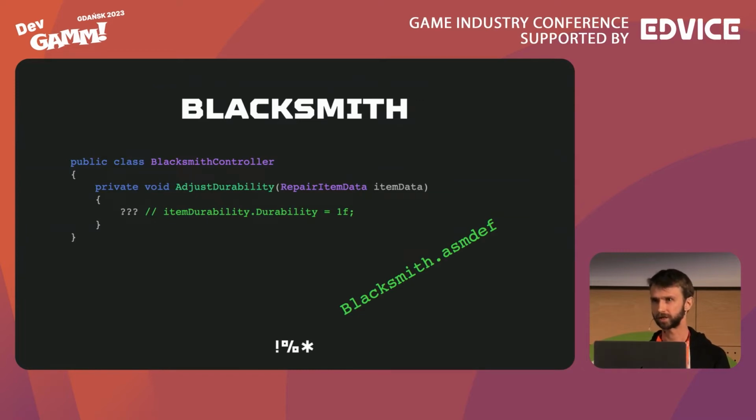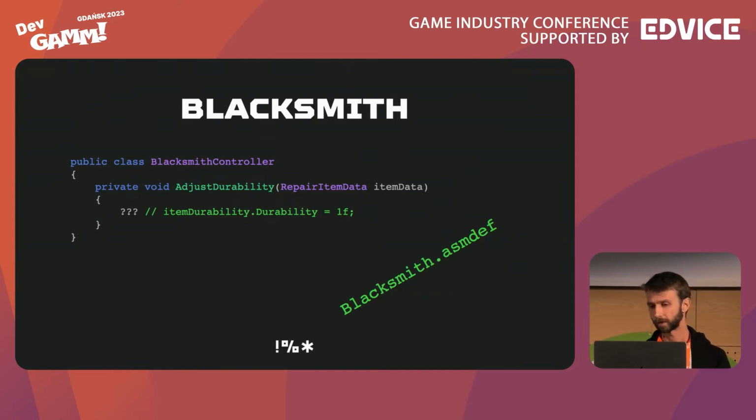So we may change it and just forget about this change in the next couple of lines of code. And we also have no guarantee that our change to the durability will invoke all the triggers that are needed on the game engine side. So for example, if we adjust our item's durability, we want to refresh the progress bar of our item on the display. And we want this guarantee to happen, right?